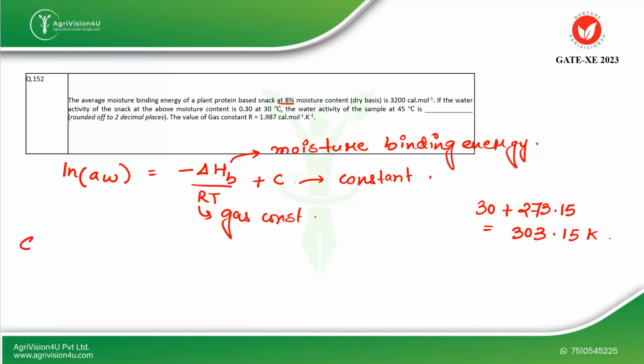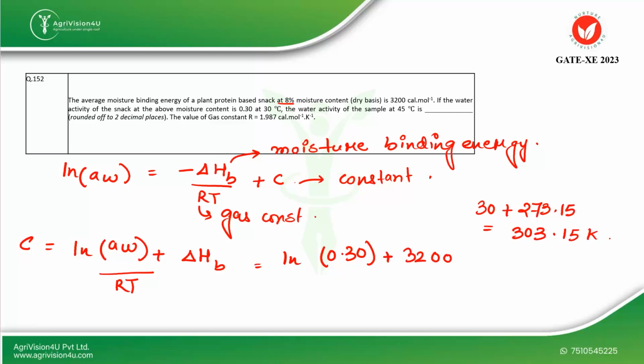Next, C. So we have to calculate it, that is ln of water activity plus delta H by RT, that is ln of 0.30 plus 3200 divided by 1.987 into 303.15.